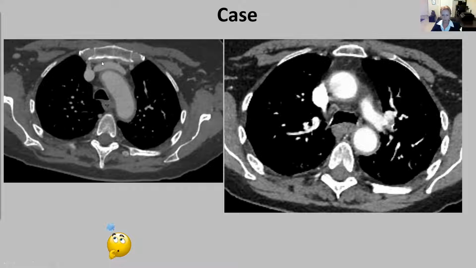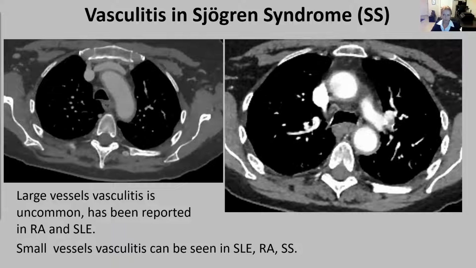So hopefully you all noted that there is diffuse thickening of the aorta, including ascending, descending, and the arch. The patient had Sjogren syndrome, and eventually this was diagnosed as vasculitis related to Sjogren syndrome. I'm assuming this was secondary because large vessel vasculitis is very uncommon in connective tissue diseases.